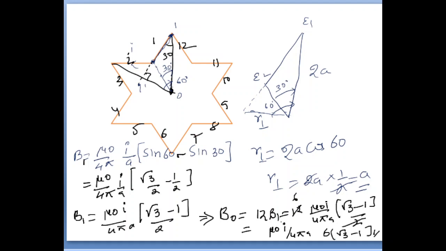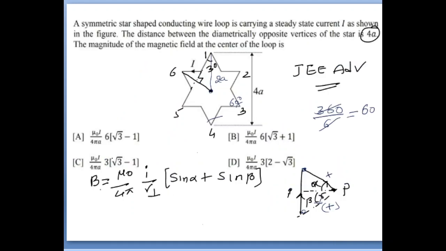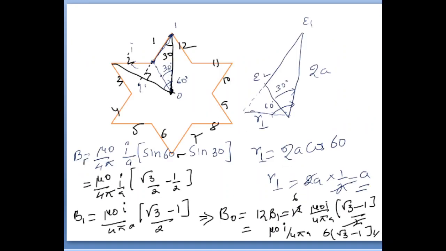I hope you understood this. And if you go back to this here, which option will be correct? Option 1. And one more thing that you need to know is the direction of the magnetic field. You can use the right hand thumb rule to find the direction. Before doing B total at the center, you have to know whether the magnetic field from all the segments at the center is in the same direction or not.